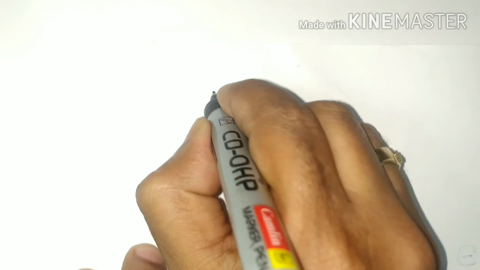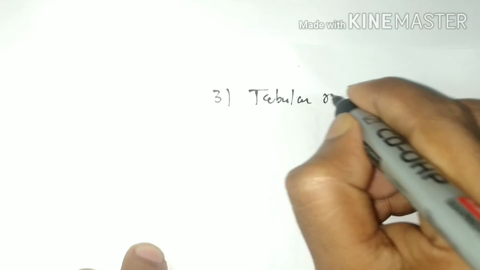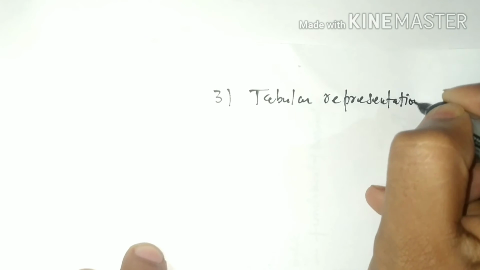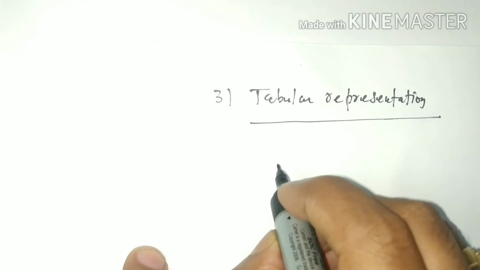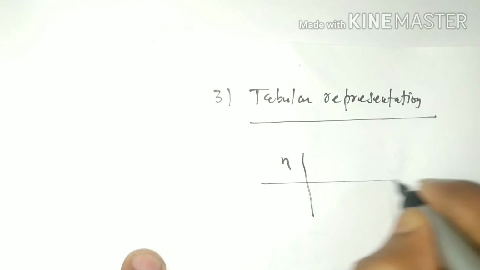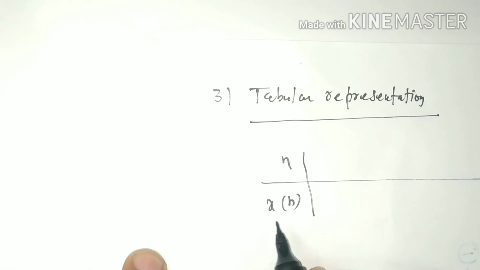Now we can go to the other one, the third one, tabular representation. How can we represent it in tabular form? n is the variable and its function is x[n].